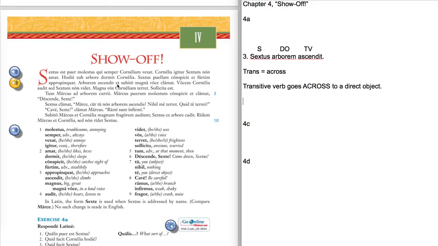He climbs the tree and suddenly, subito, he cries out, he shouts in a loud voice. So he doesn't shout something. Shouts is a tough verb to make transitive because you don't shout something. I guess you can shout a shout. In that case, I guess you could say that clamat would be a transitive verb. But here he shouts out, or he shouts in a loud voice.